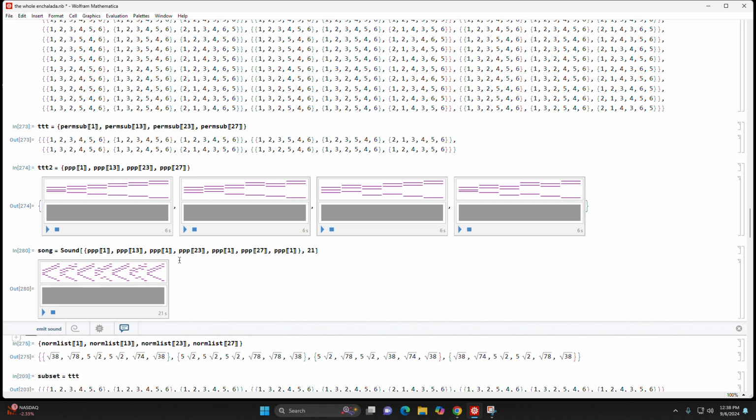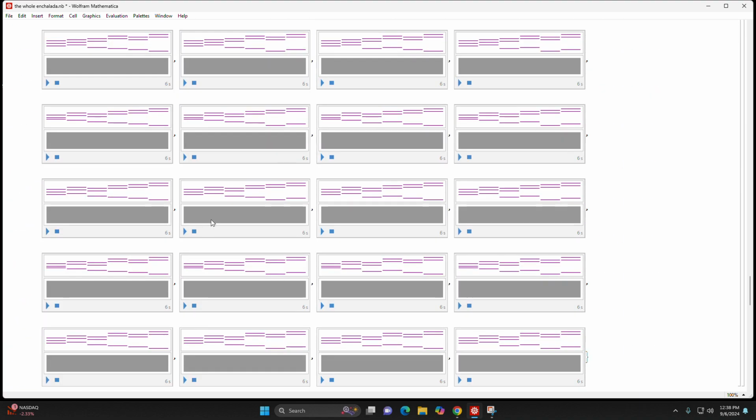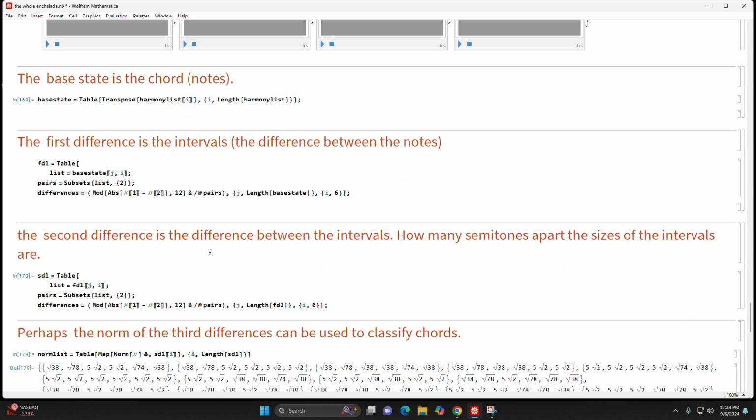And you can analyze the harmonic structure of these by using a method of differences. The base state is the chord. The first difference, subtracting the notes of the chord, is the intervals. And the second difference is the distance between the intervals.